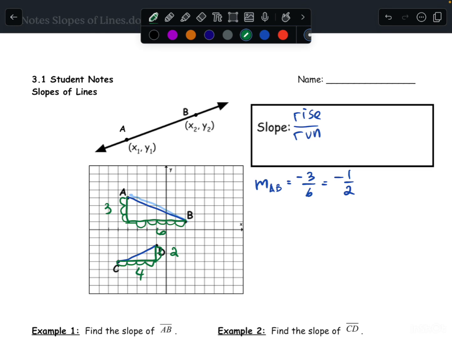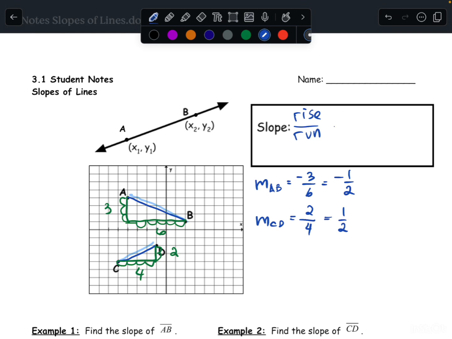The slope is in an upward direction, so it's going to be positive. The slope of my line CD is equal to positive 2 over 4, and that's equal to 1/2.